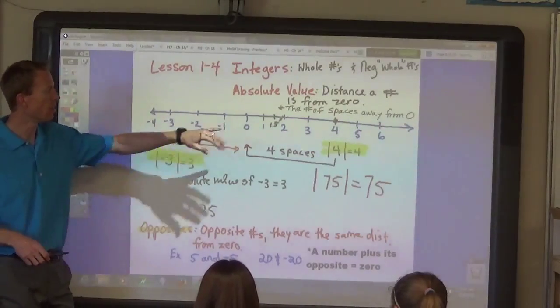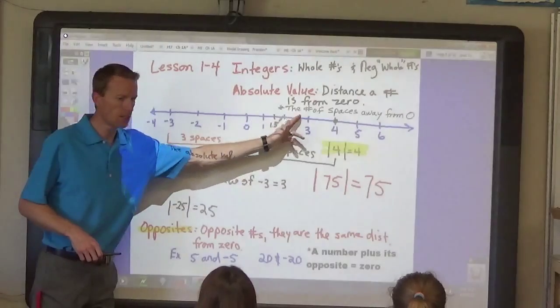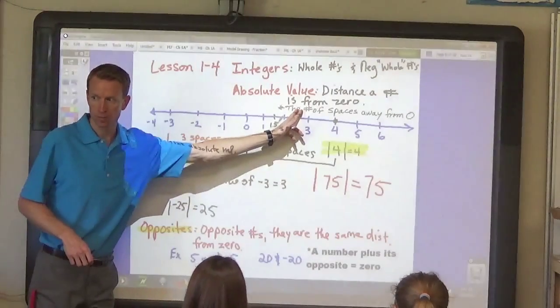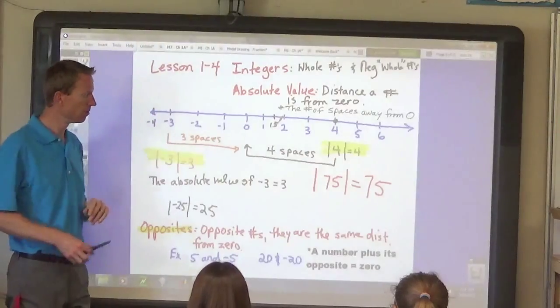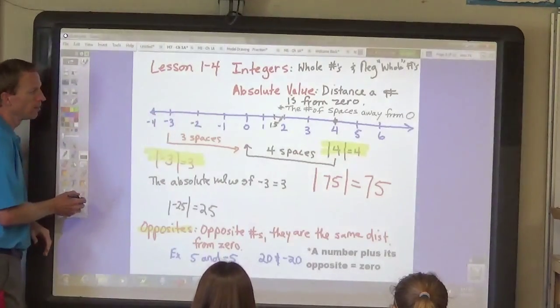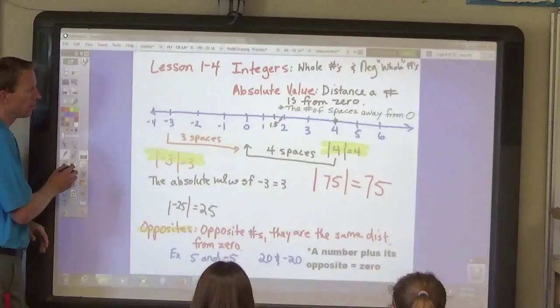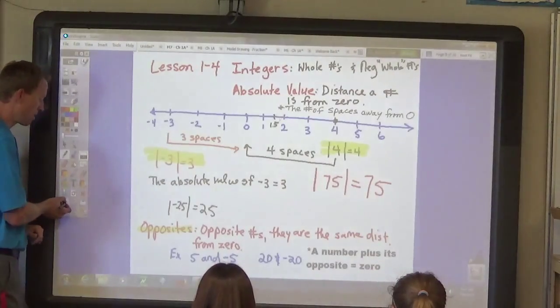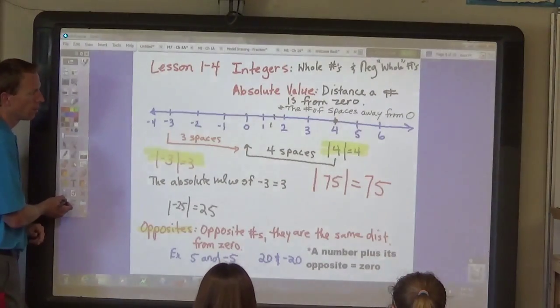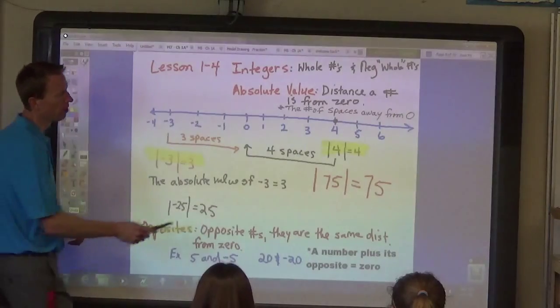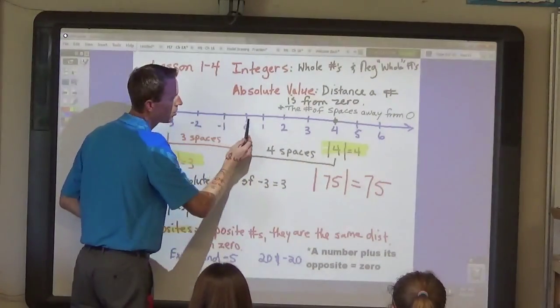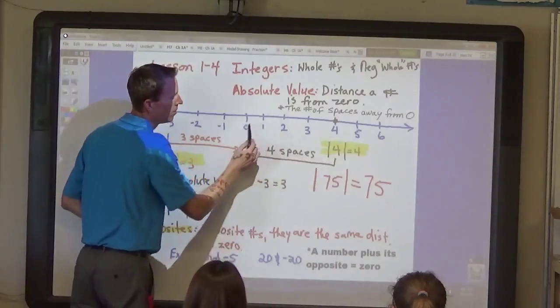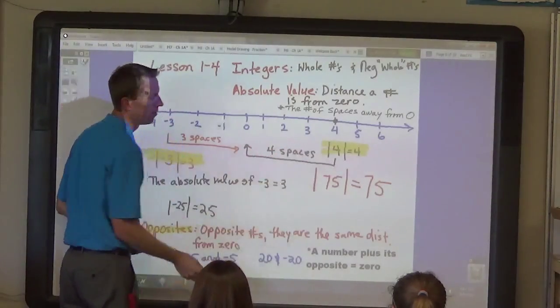Now, opposites are numbers that are the same distance from 0 on the other side of 0. So, 4 and negative 4 are opposites because they're both the same distance from 0. The number 4 is 4 spaces away from 0: 1, 2, 3, 4.